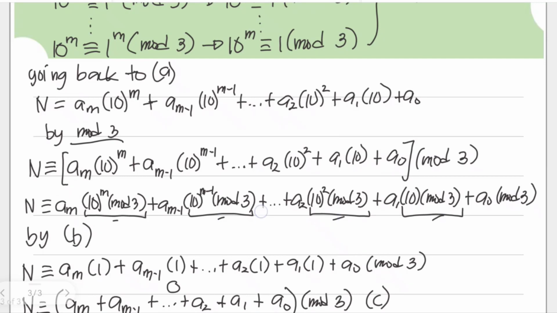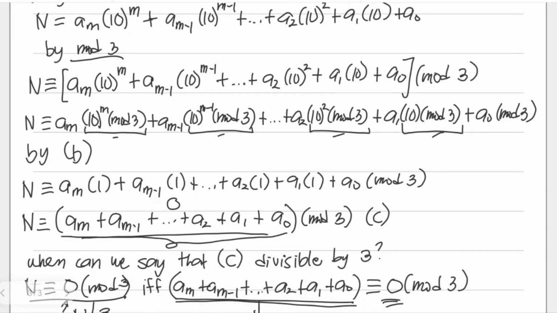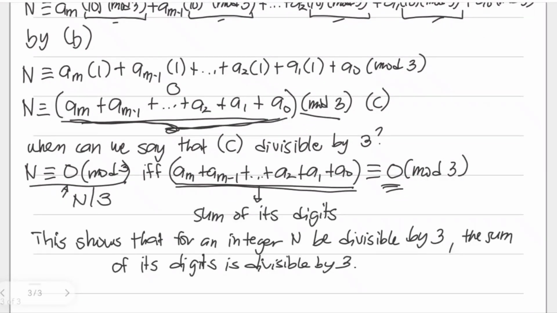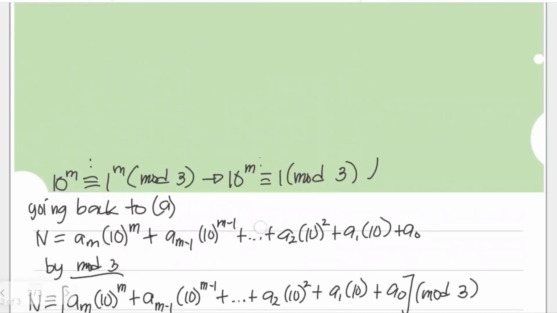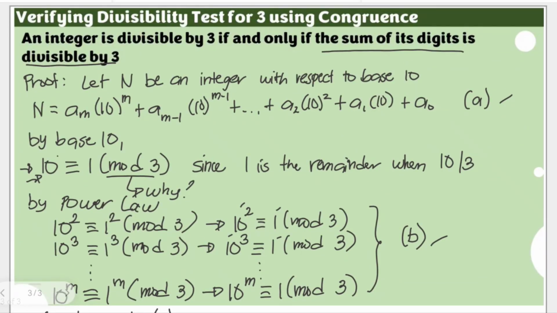Once you have that 1, you can take them out. You have your modulo 3 here, and this is actually the sum of its digits. This will only be congruent to 0 if this is also congruent to 0 modulo 3, or in other words, the sum of all digits is divisible by 3. This is how we show the validity of the divisibility test for 3 using congruence.